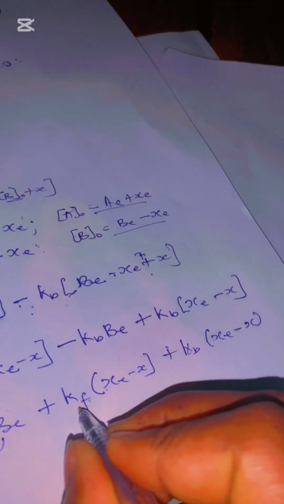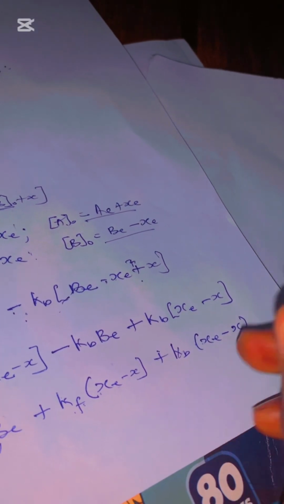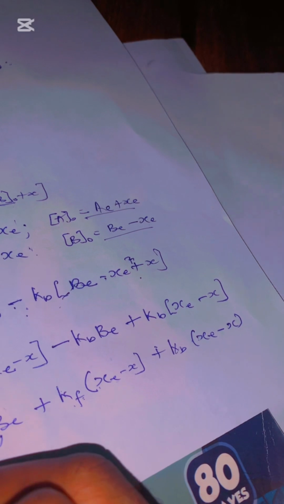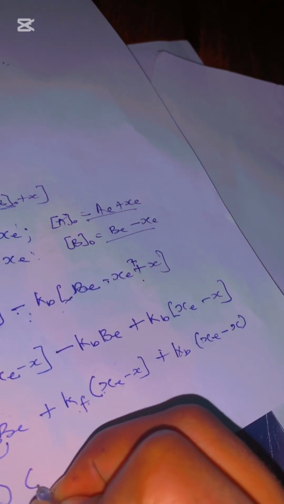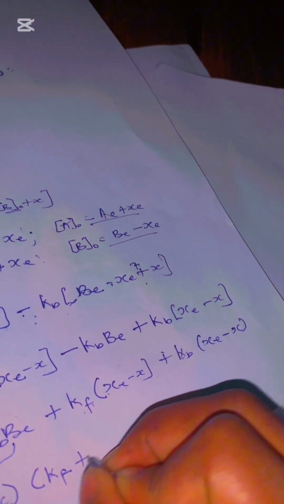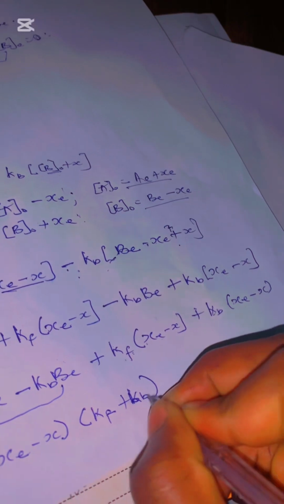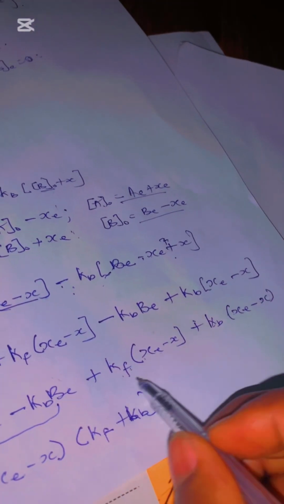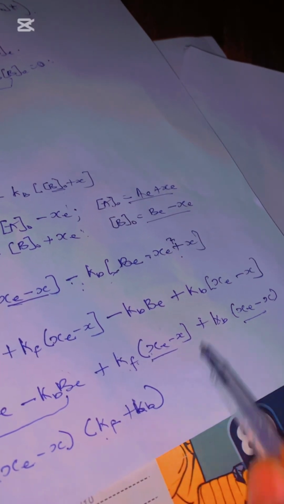So we have kf, this is xe minus x, this xe minus x. We can factorize it out. So I'm going to have xe minus x, close your bracket, open bracket, we have kf plus kb. What I just did is factorization. This and this are common, bring them out. I have kf plus kb.